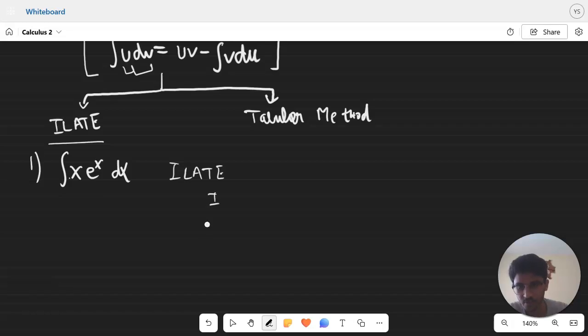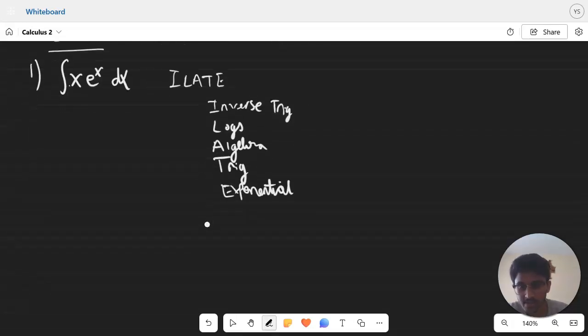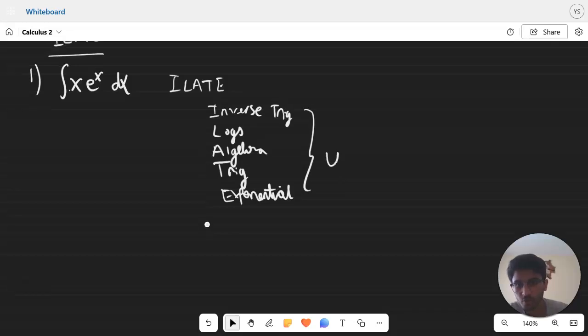It stands for inverse trig, logs, algebra, trig, and exponential. Okay, so this is going to help us. What do these things mean? It means that it's going to help us find the u in our formula.